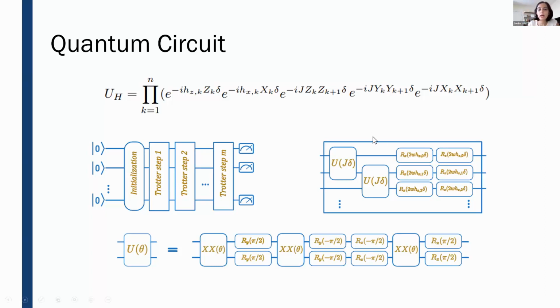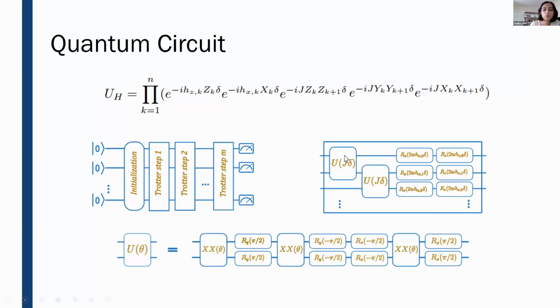Within each Trotter step, you have these two-qubit interactions that are describing the coupling, and then you have these one-qubit terms that are describing the disorder. When these one-qubit terms become very large, you should expect to observe the insulator phase. And when the two-qubit terms are large compared to the one-qubit terms, you expect to observe the thermal phase.